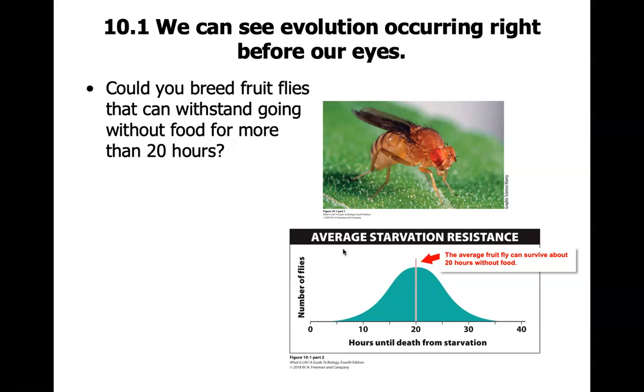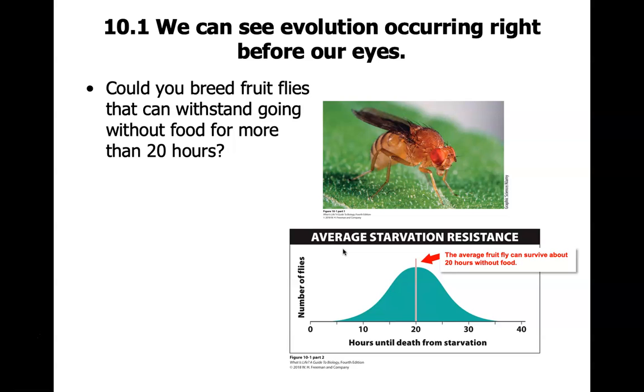Let's start by looking at an example of what we mean by a population changing over time. Very often we can actually demonstrate the process of evolution in a laboratory, in a controlled experiment. This experiment attempted to answer the question, could you breed fruit flies to withstand going without food?